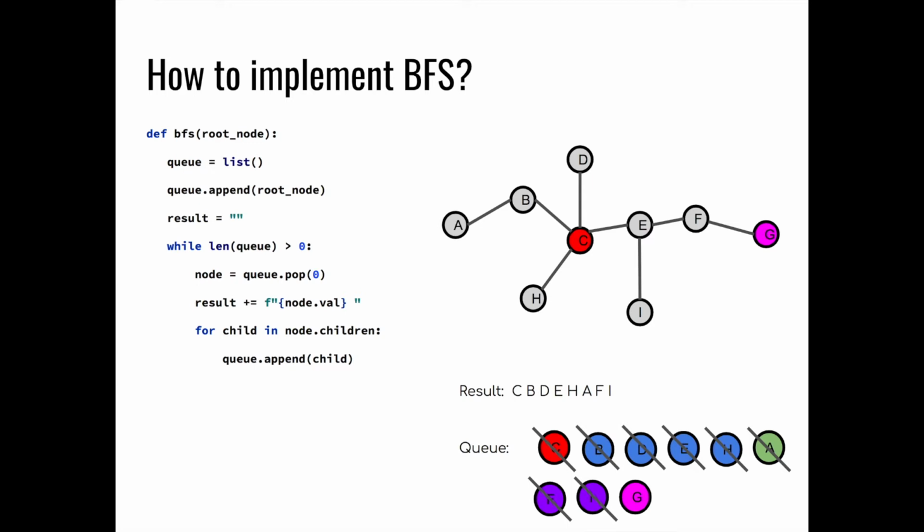So for each node, we first visited its children, and only after that moved to their children and then to their children and so on, until we visited all the nodes in our graph. After that, when our queue is empty, we can just return the result as a returning value of our function, and that's it. That is how it works.